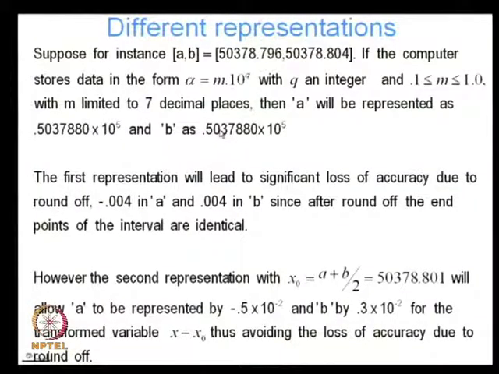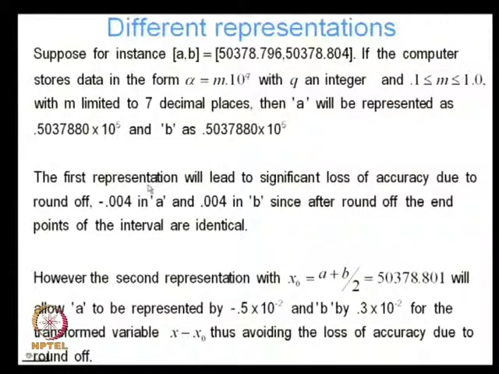You can see that the internal representation of these two numbers on the computer is practically identical. But the first representation will lead to significant loss of accuracy due to round off.